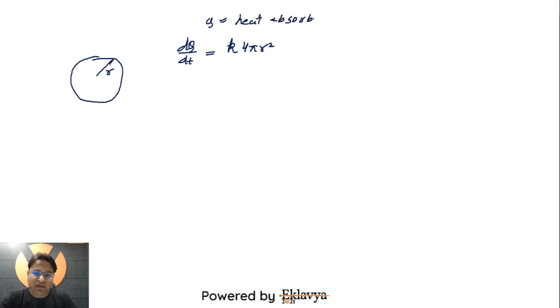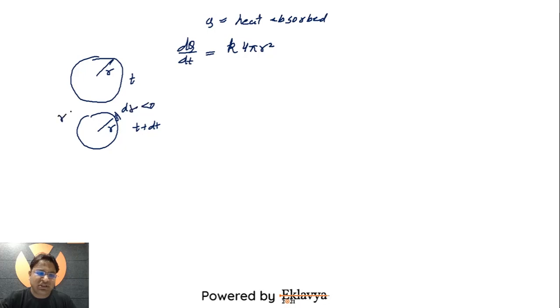Now if we are absorbing dq amount of heat, then that will lead to a reduction in the radius. Let's say the radius was r at this instant at time t. After time t plus dt, it will become r plus dr, where dr will be a negative quantity.